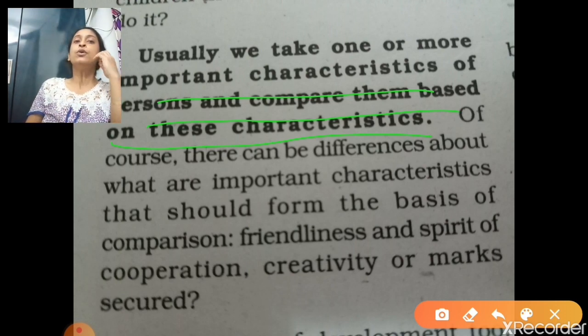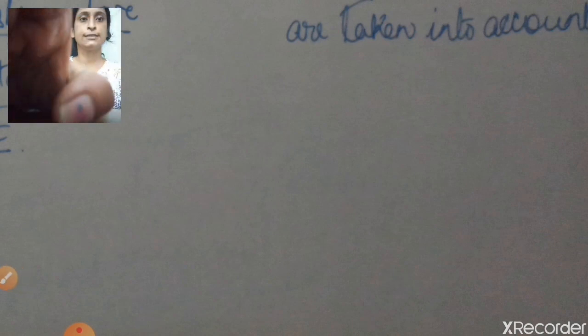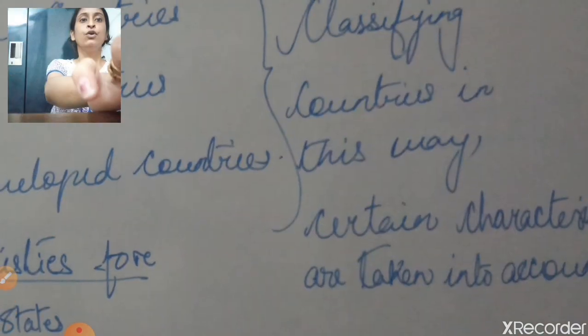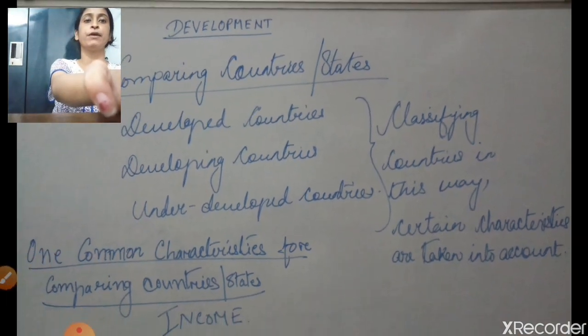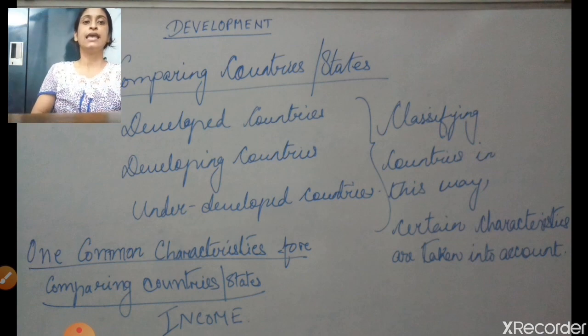In this way, when it comes to national development, how do we compare which country or which state is more developed? There are various criteria, and these may differ, but one of the common criteria used for comparing countries is income.